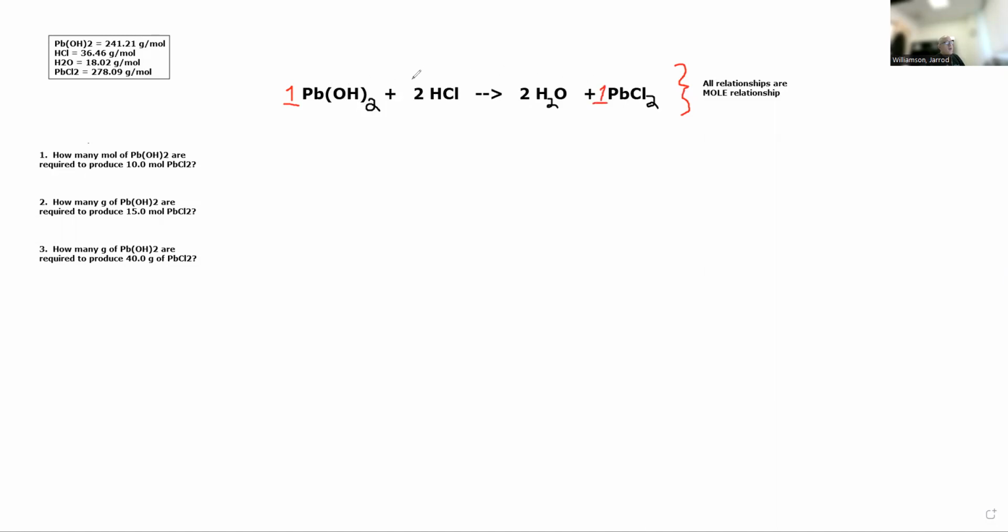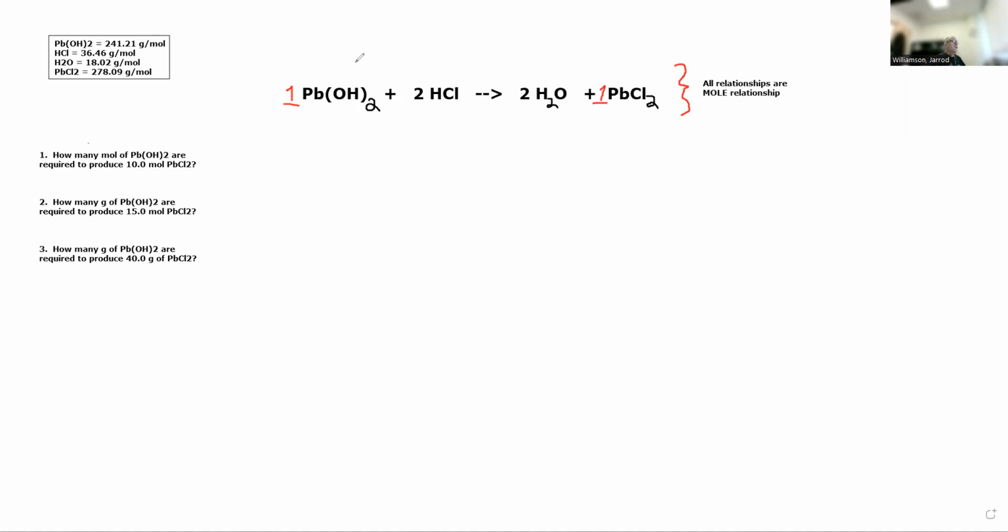And all of these balancing coefficients are mole relationships. This says 1 mole of Pb(OH)2 will react with 2 moles of HCl to produce 2 moles of water and 1 mole of PbCl2, lead(II) chloride. So these are all mole relationships, not gram relationships.